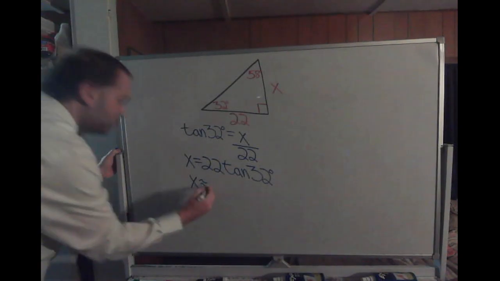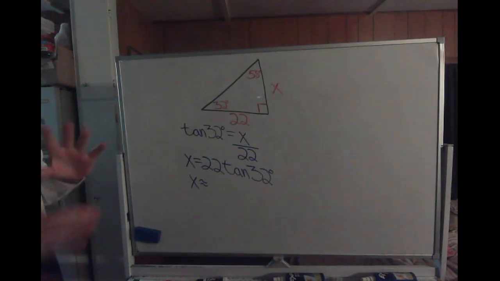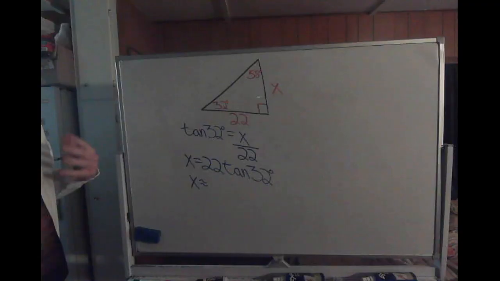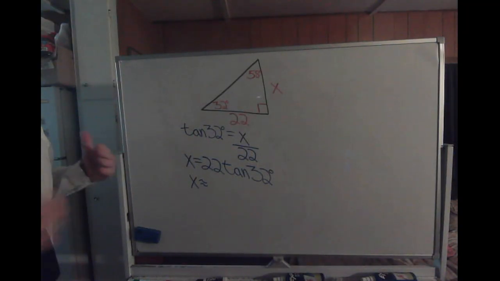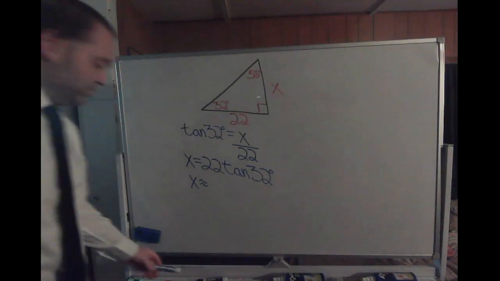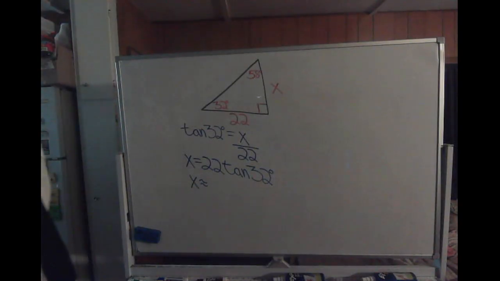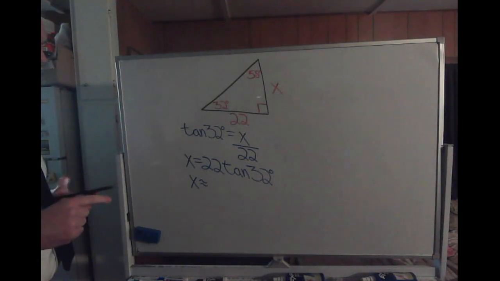Oftentimes with trigonometry, kind of like pi or some other non-repeating decimals, most trigonometry answers for degrees are very much repeating non-terminating decimals. So that's why you'll often get a decimal approximation.